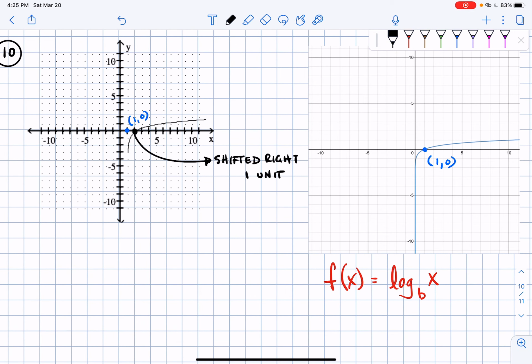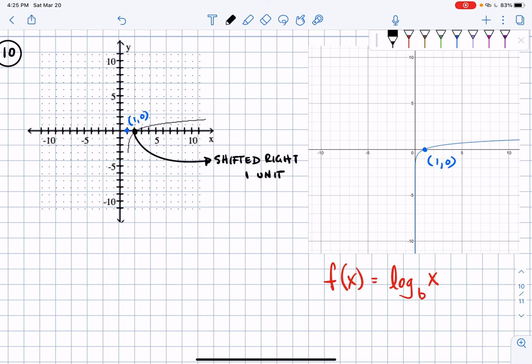So since it shifted 1 unit, and notice that the graph looks pretty much the same. It didn't flip over the x-axis or the y-axis. It just shifted to the right one. All right, so if it shifted to the right one, that means it affected the x value, right? So since it affects the x value, things are kind of backwards, right?